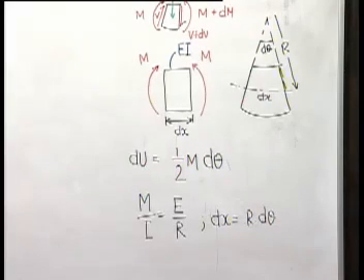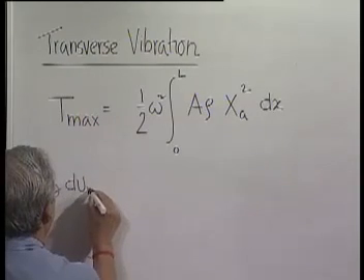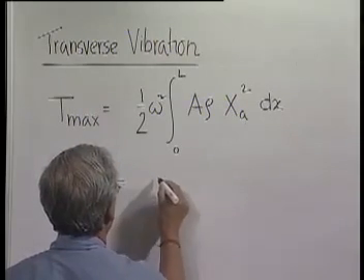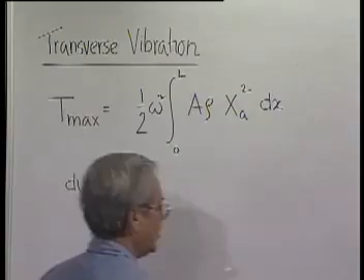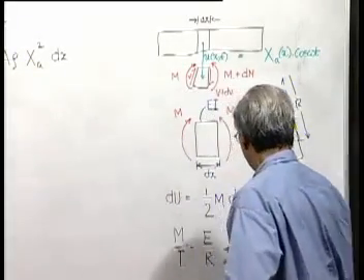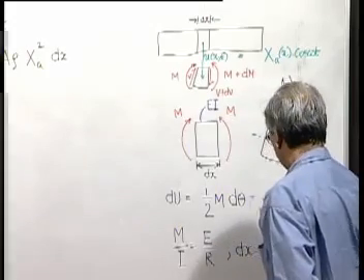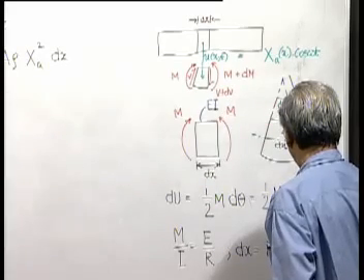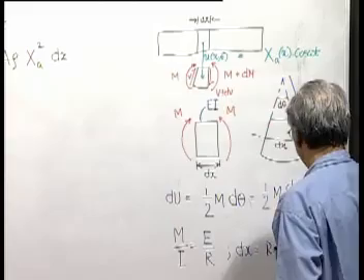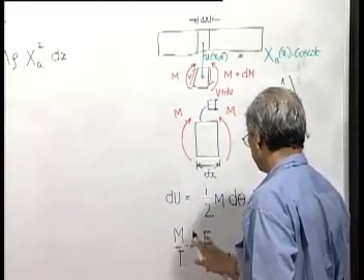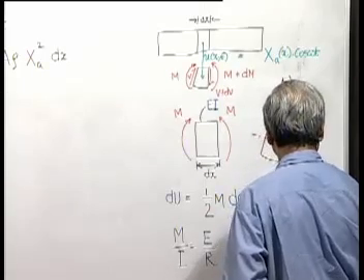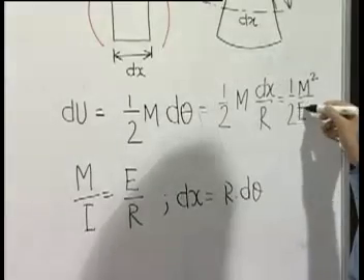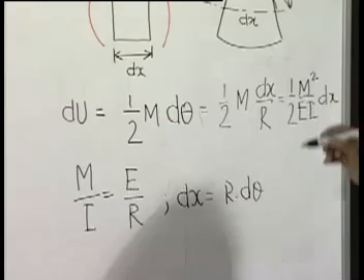So therefore, dU max, that means the maximum strain energy stored in this element, is given by half into M d theta. Now d theta we can write as dx by r, and r is nothing but EI by M, so it becomes half M square by EI into dx.